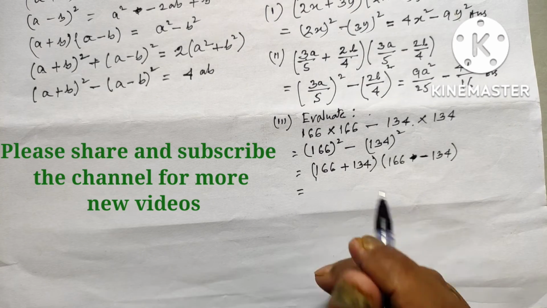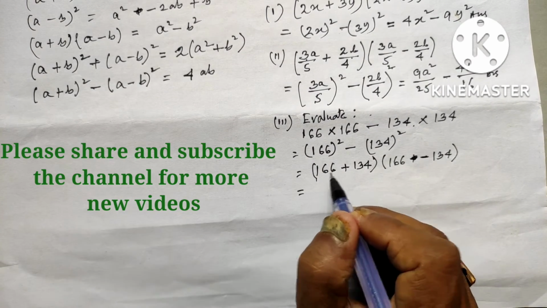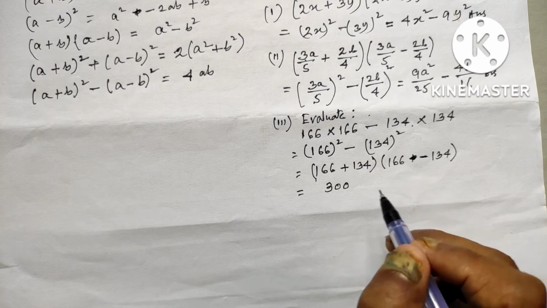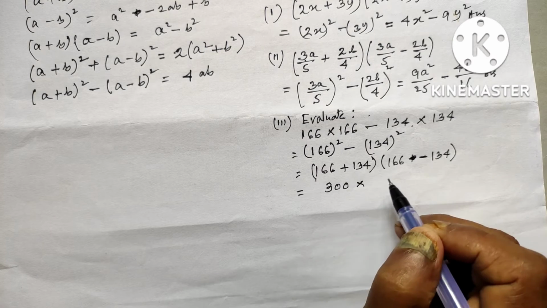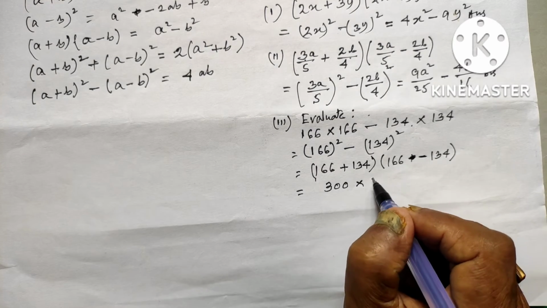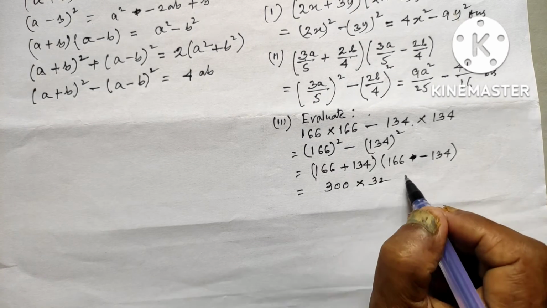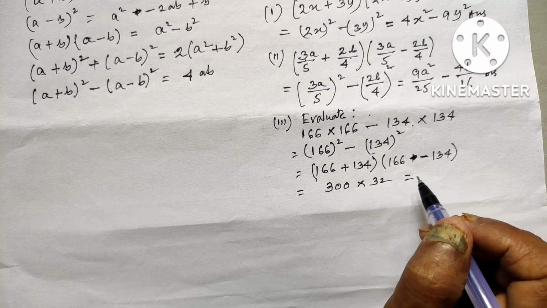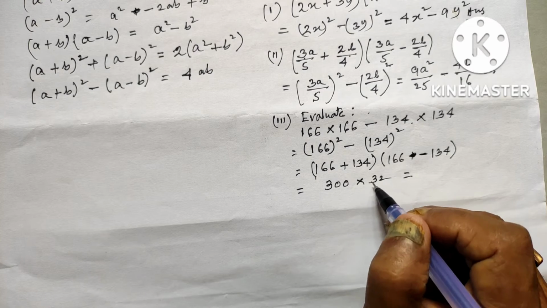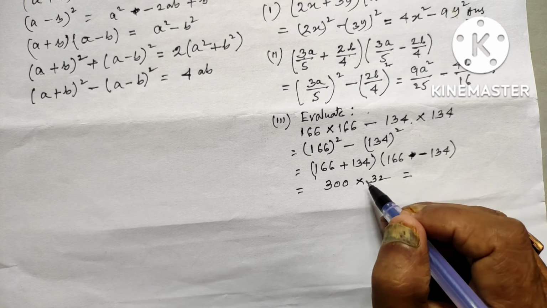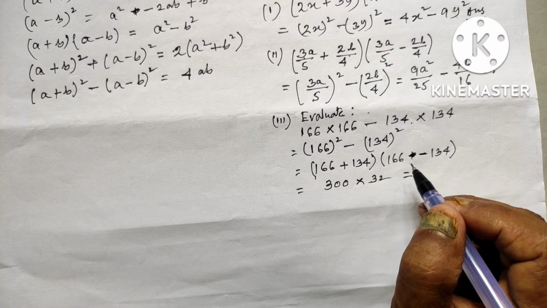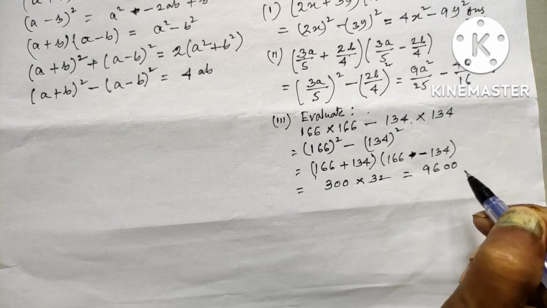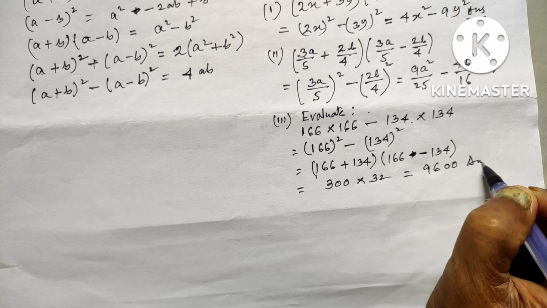Then what are you going to get? Over here, if you add, it is 300, and if you subtract over here, then how much are you going to get? 32. And then your answer, if you multiply them, 3 threes are 9, 2 threes are 6, so 9600, that is your answer.